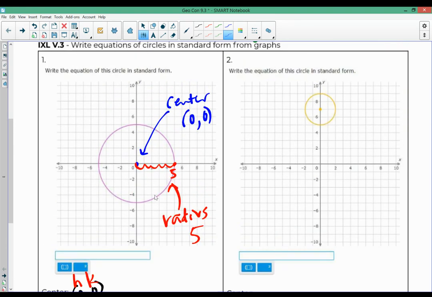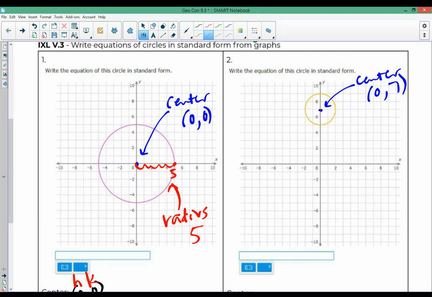All right, let's try this next one. Our center, we'll find that first. That's right here. So our center is at 0, 7.